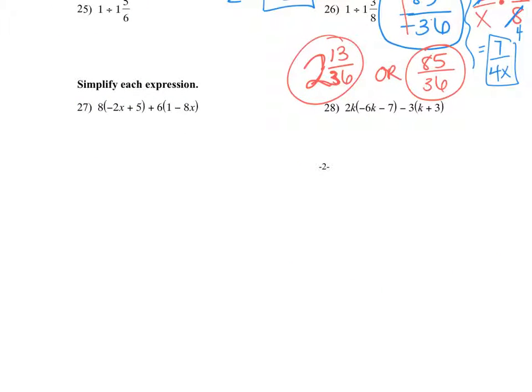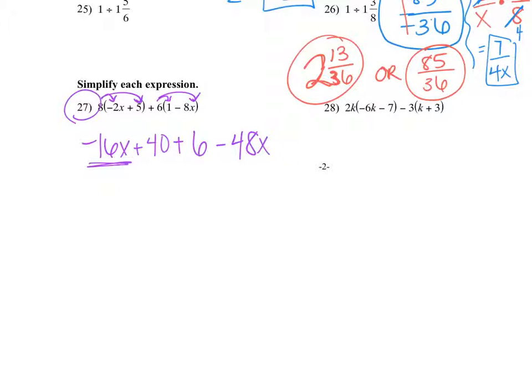Okay, so moving on to the next section, you are distributing in this case. So I'm going to distribute to everything in the parentheses individually. So number 27 is negative 16x plus 40 plus 6, and a positive 6 times a negative 8x would be negative 48x.